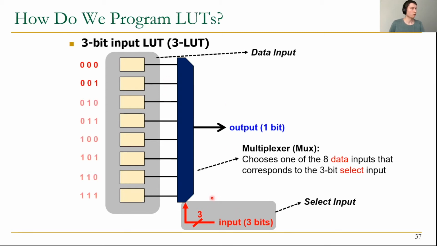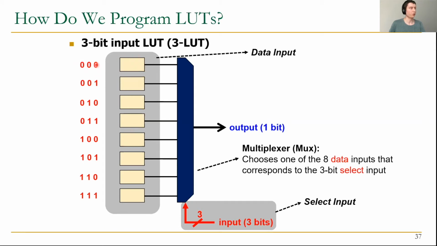Okay, let me also mention how these input bits work. These are the input bits that we use to select one of these storage bits. And these storage bits have addresses, as you can see here. Depending on what 3 bits you provide to the multiplexer, a different storage bit or data input is selected.